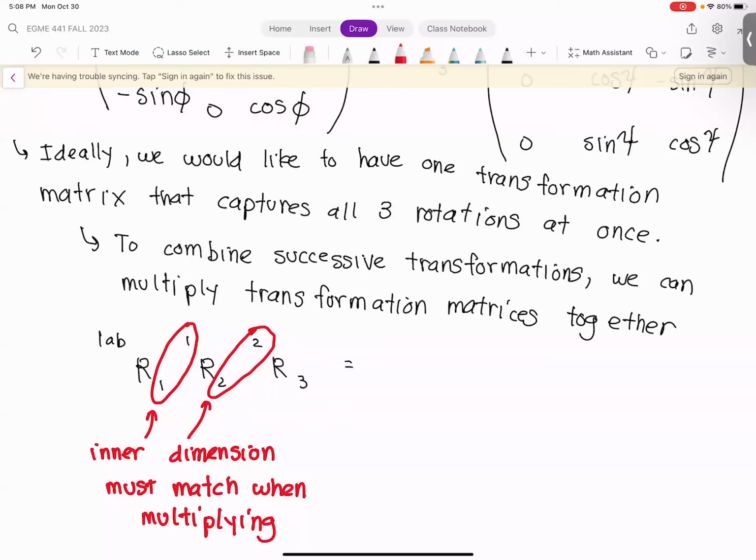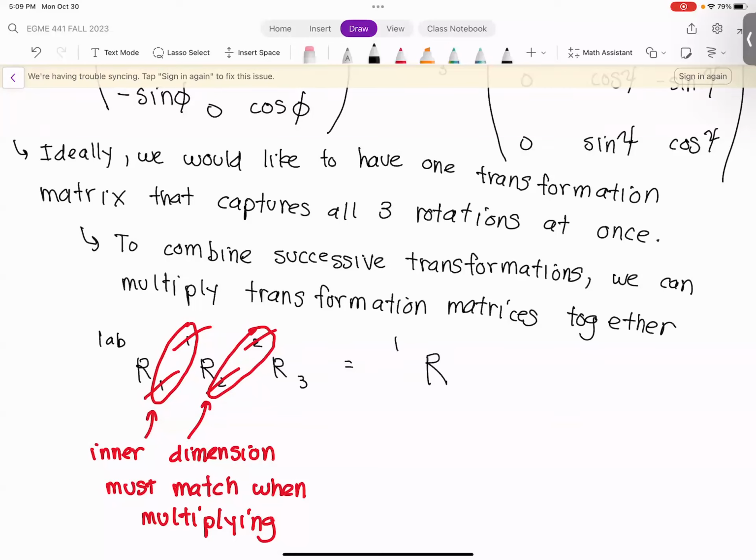So that's really important. And in fact, we're going to make use of this property a lot once we relate it back to motion capture. Because if you have these inner dimensions matching, you can essentially cancel them out. And so what you're going to be left with in the end is just one transformation matrix that transforms between the two things that are remaining.